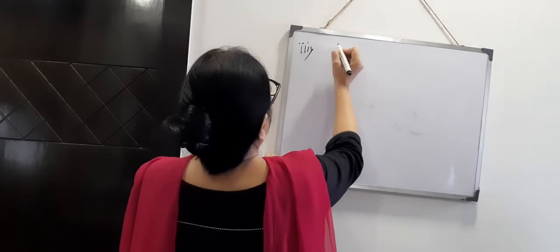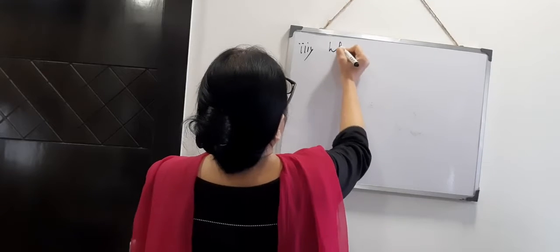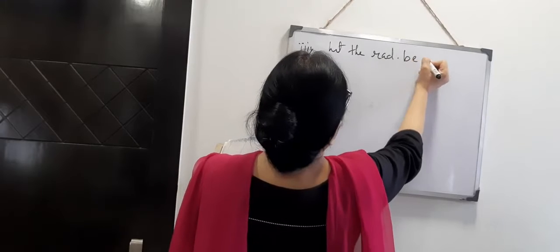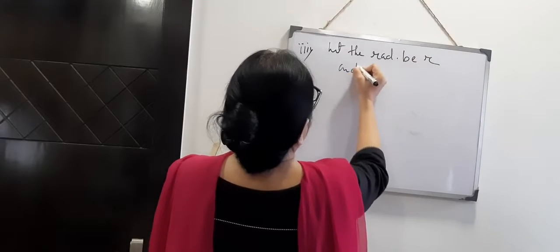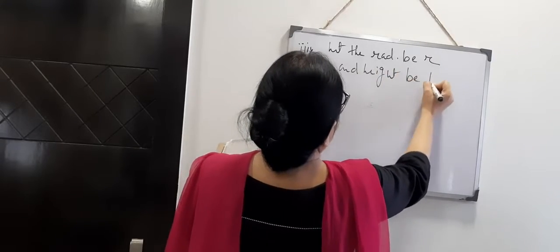Equal diameter and equal height. So radius we consider r. Let the radius be r and height be h.